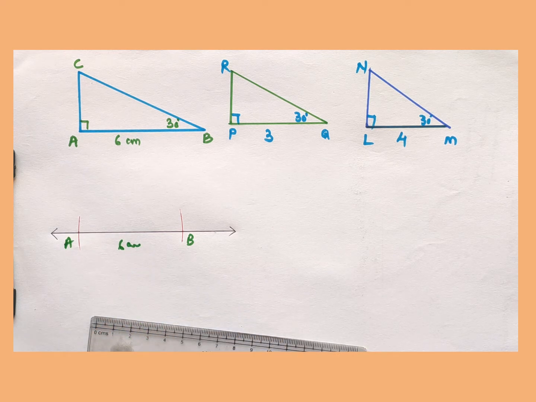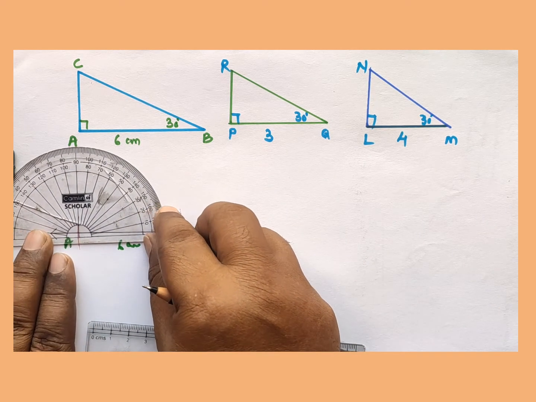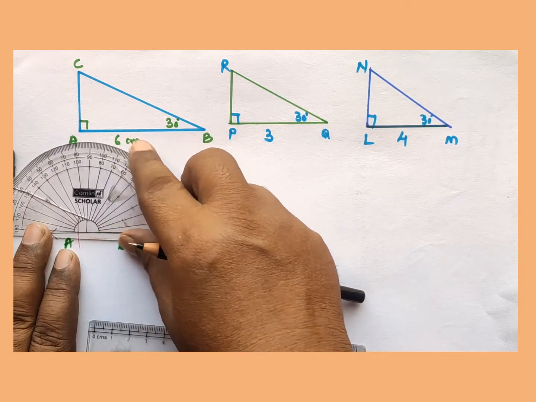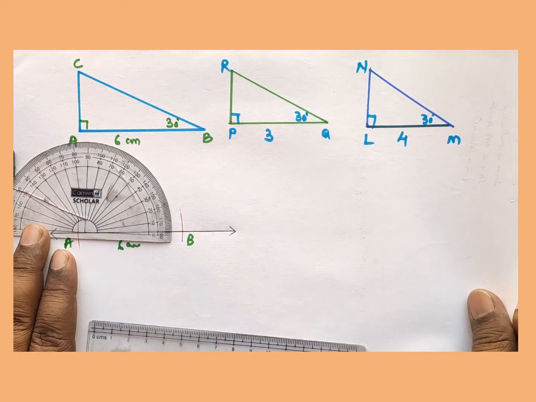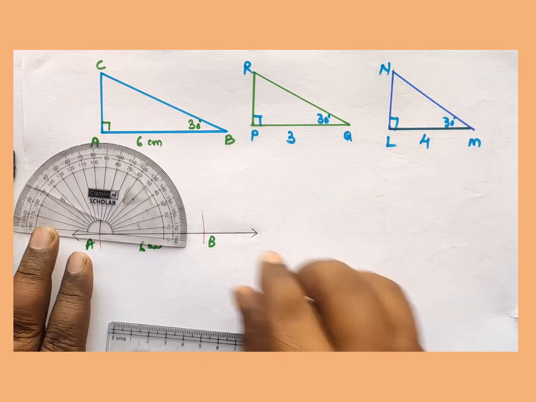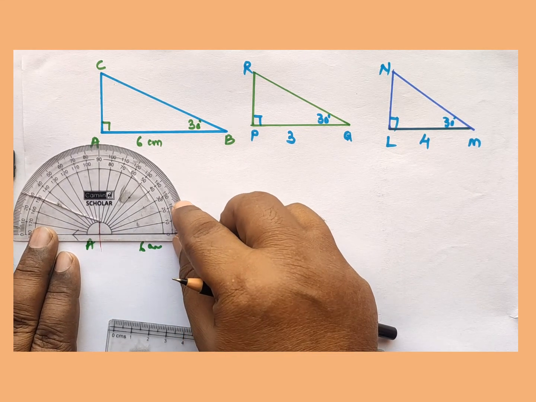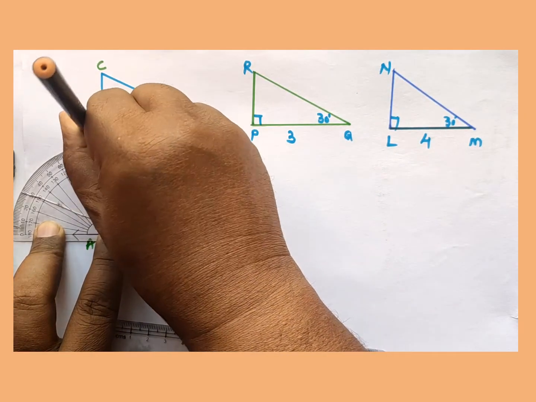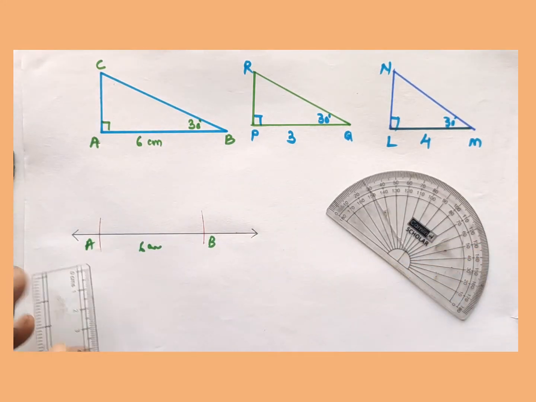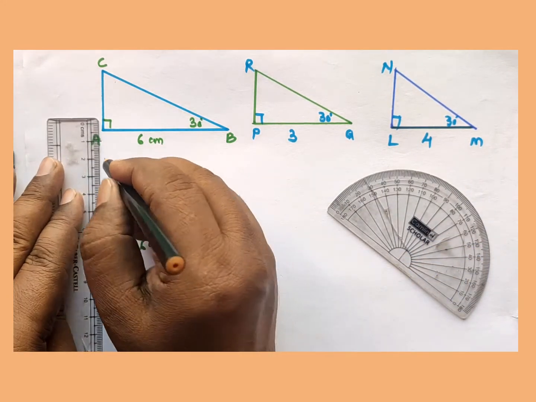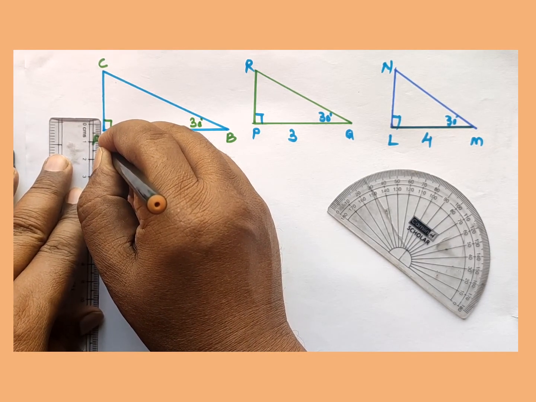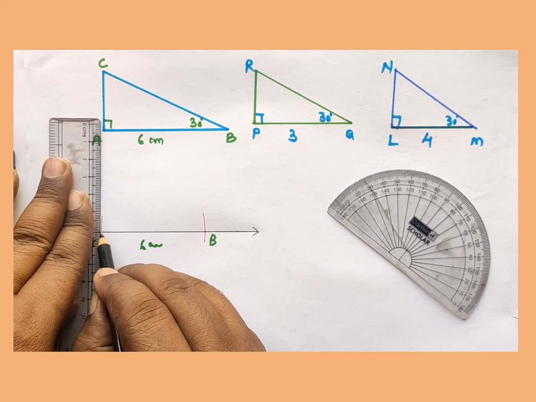Now at A we need to draw a 90-degree angle. So we'll keep the pointer here. As you can see, perfectly kept. We'll point at 90 degrees and draw a vertical line by joining this point with the point A, which will help you.